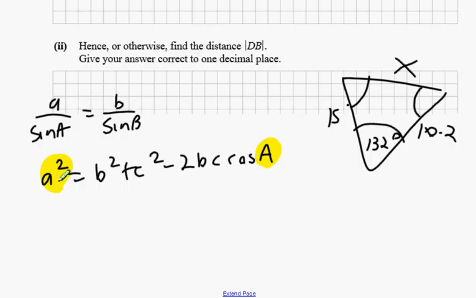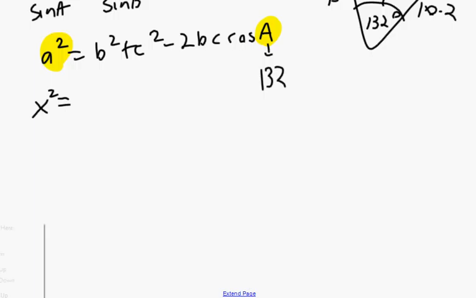So which angle do you think you're going to use? 132. Now, when you choose that to be 132, the side that looks at the 132 is chosen as the A value. So what are we going to call A? So x squared. Now what about the other two values? B and C.